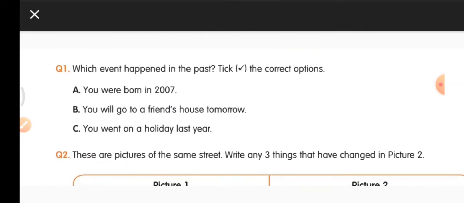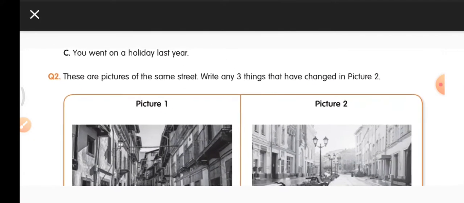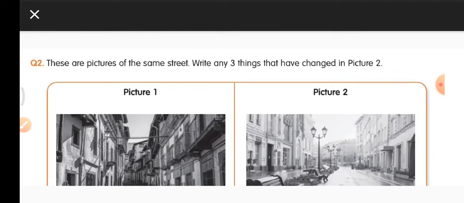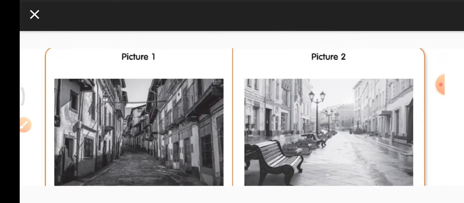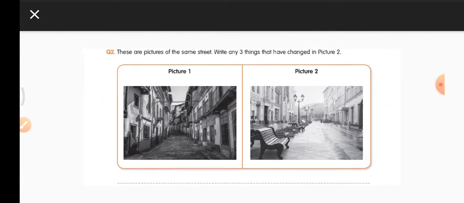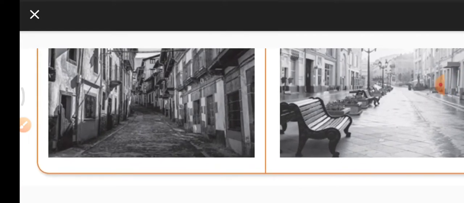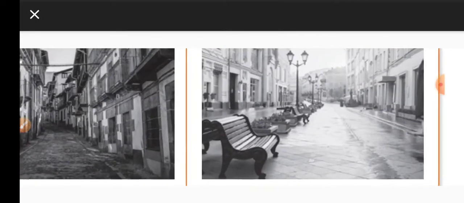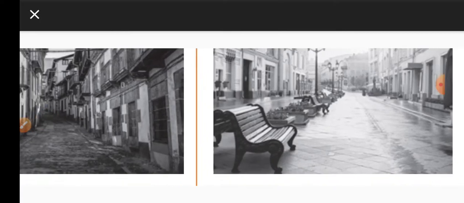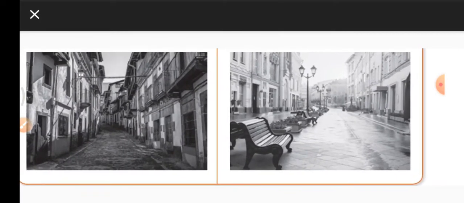Question 2, these are pictures of the same street. Write any three things that have changed in the picture. If you look at both the pictures, you can see that the road in the old picture is narrow, whereas in the new picture, picture 2, the road is wide.